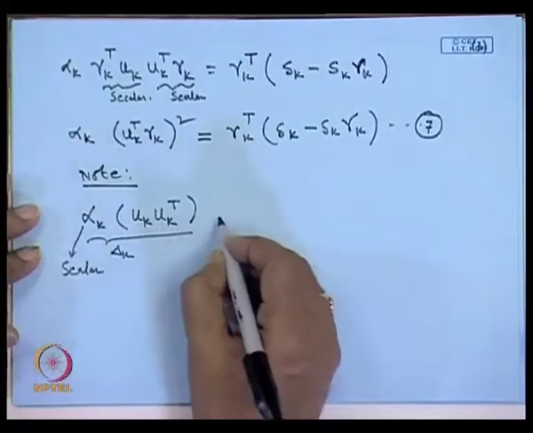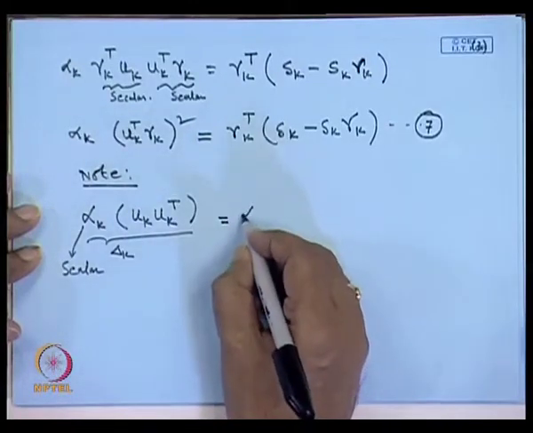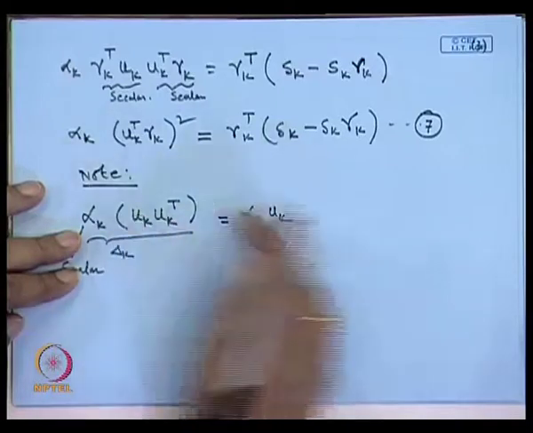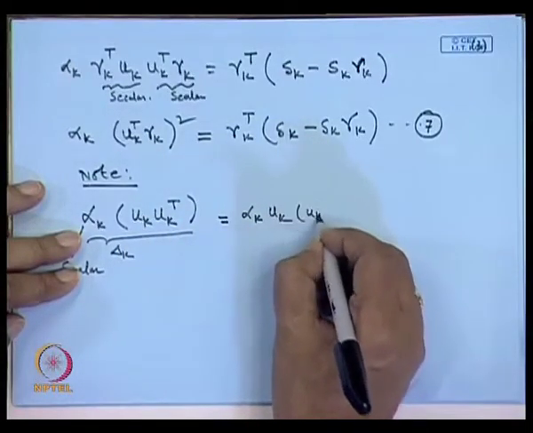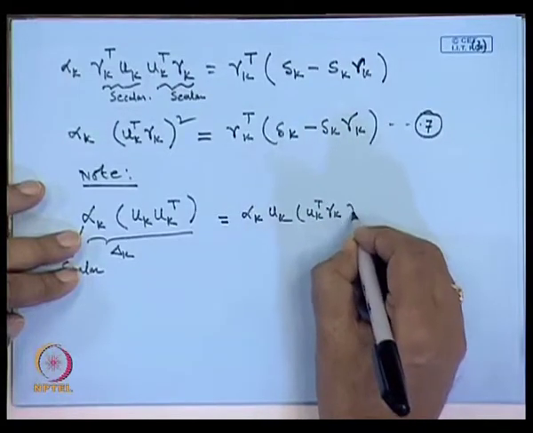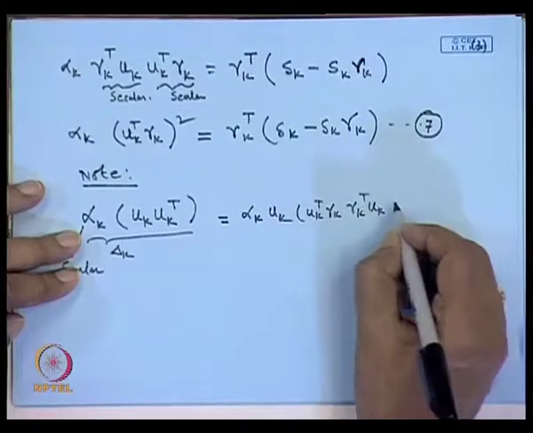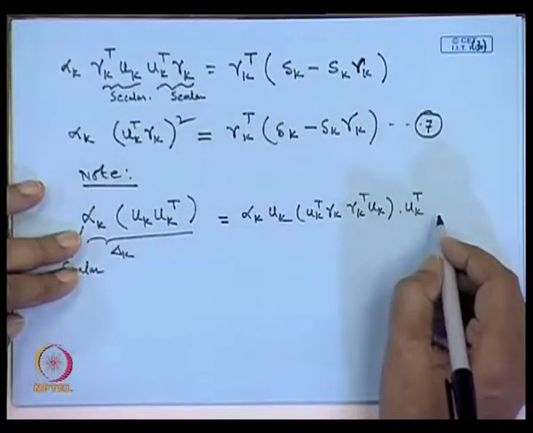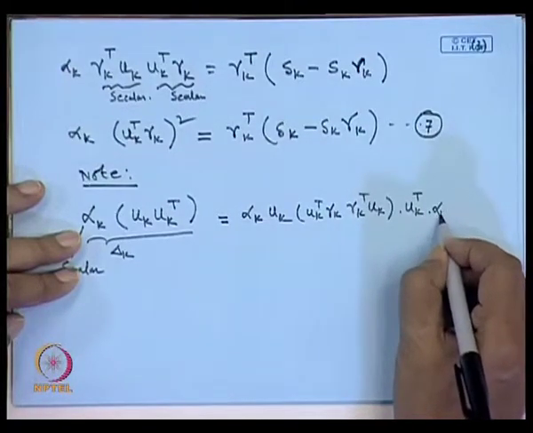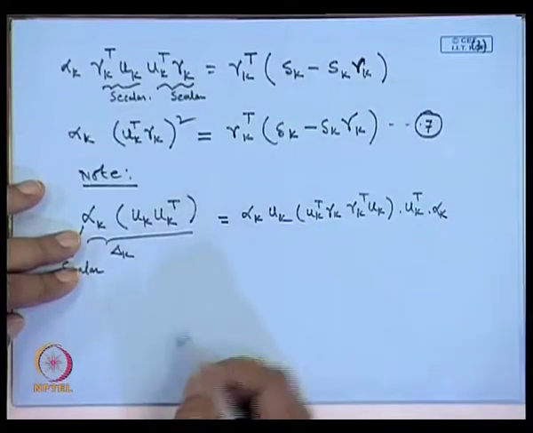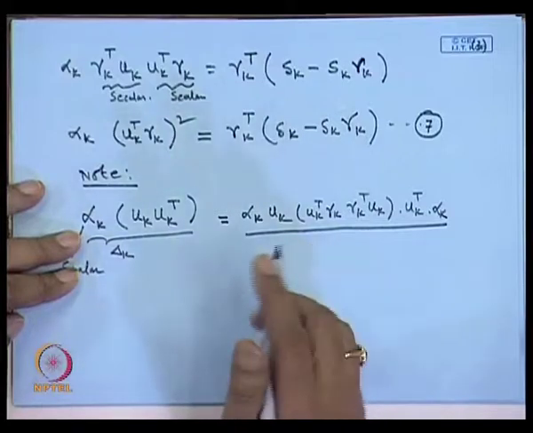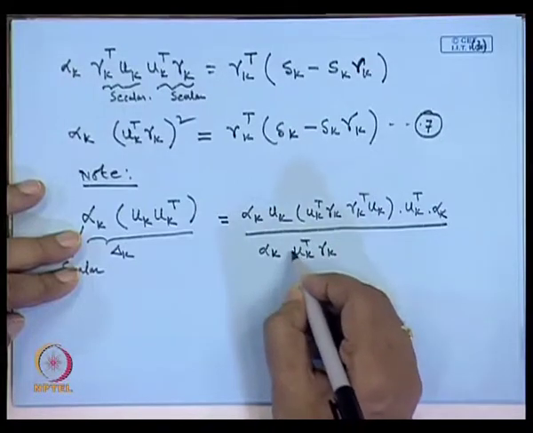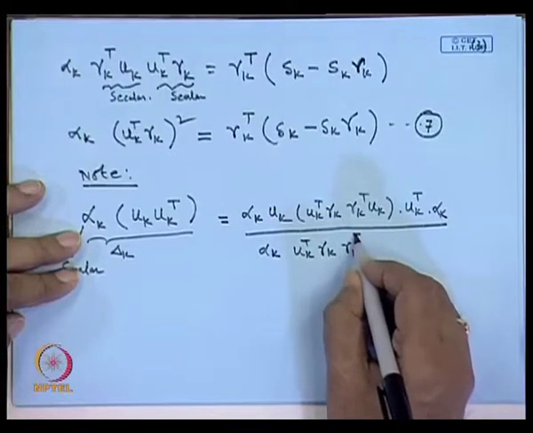So delta k is a matrix, and the same thing we can write as alpha k, then u k as it is, then u k transpose gamma k, then gamma k transpose u k, then u k transpose, into alpha k, divided by alpha k u k transpose gamma k, gamma k transpose u k.